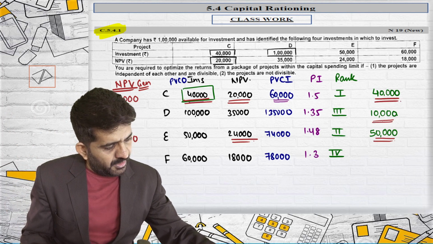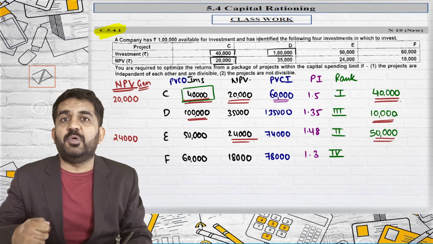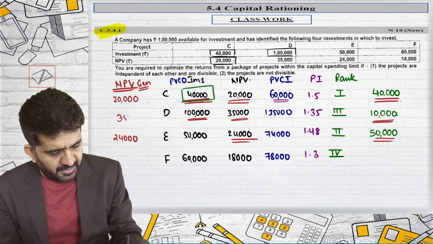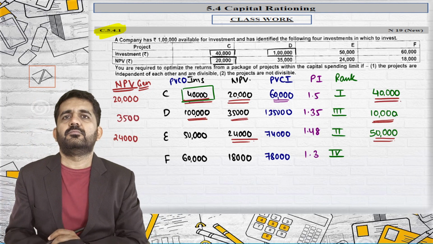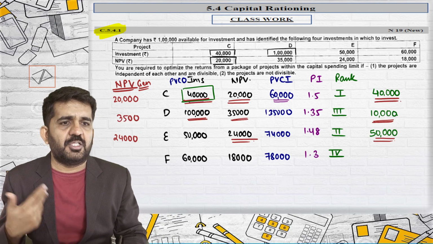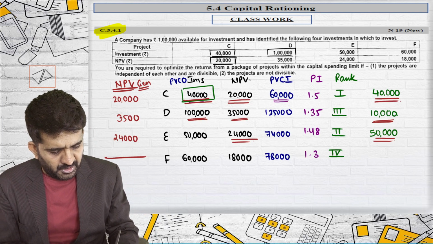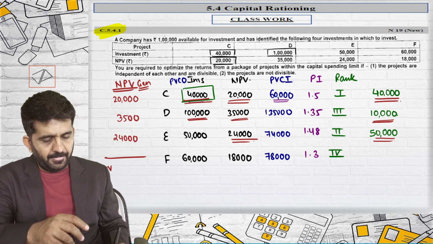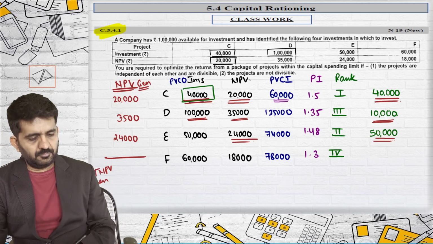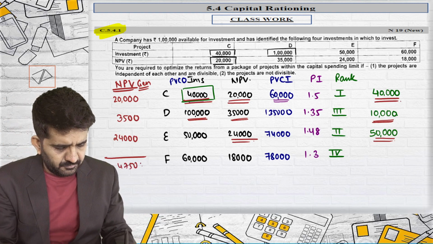Project D, you are investing only 10,000 from 1 lakh, so you will be only doing 10% of project. So you will be getting only 10% of NPV. If you invest 1 lakh rupees, you get NPV of 35,000. If you invest 10,000, how much NPV you will be getting? This will be total NPV generated. It is 47,500.